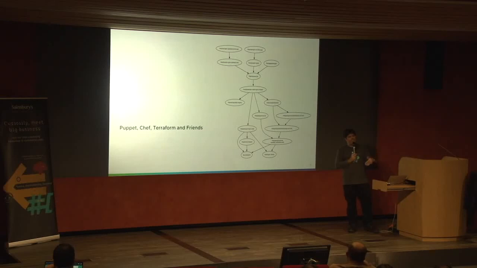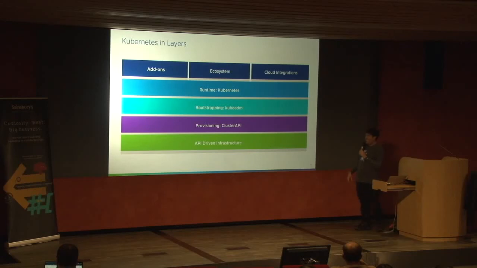Every time a customer wanted a small little change, we had to start passing parameters all around the place and adding new features, and then our test times took 20 hours. So you just want to make a small change, create a PR, come back in 20 hours, and it didn't work. Surely there must be a better way. So this is how we came about Cluster API.